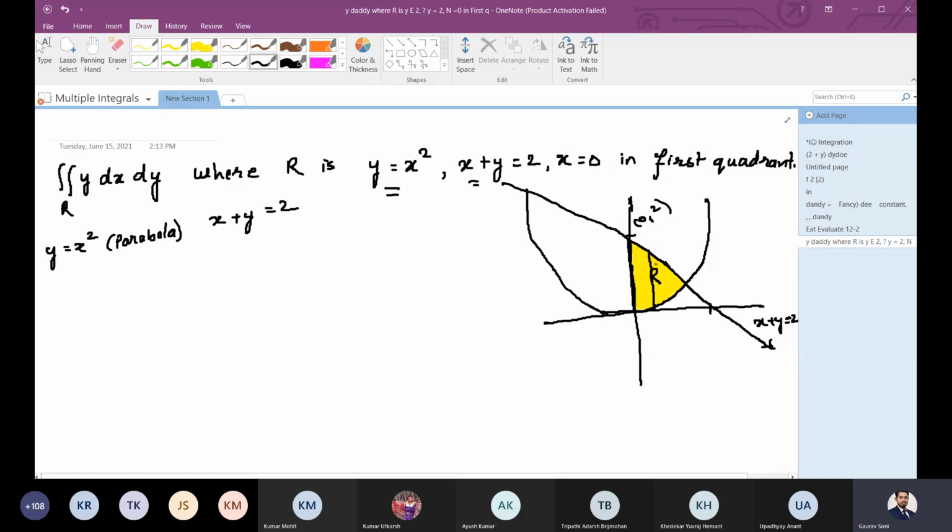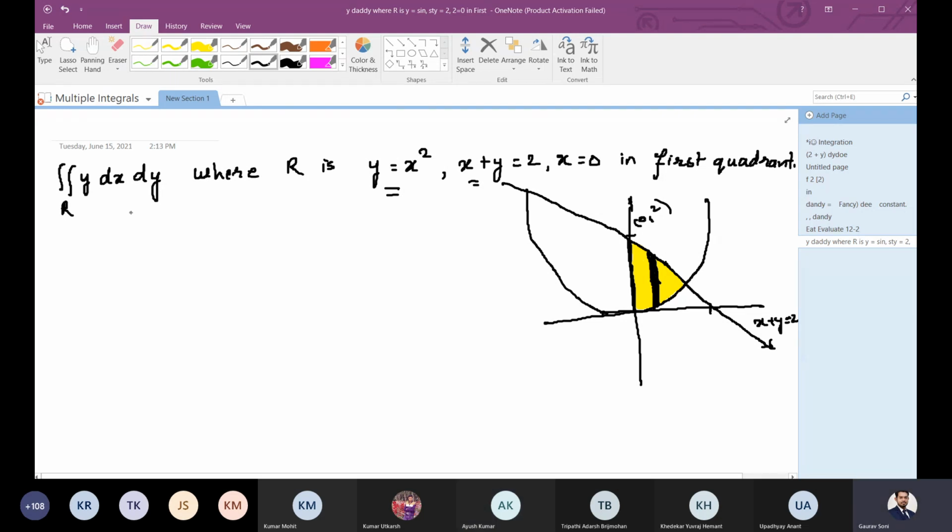The lower is always on the parabola, the upper one is always on the straight line. So it is convenient for me to take the vertical strip.